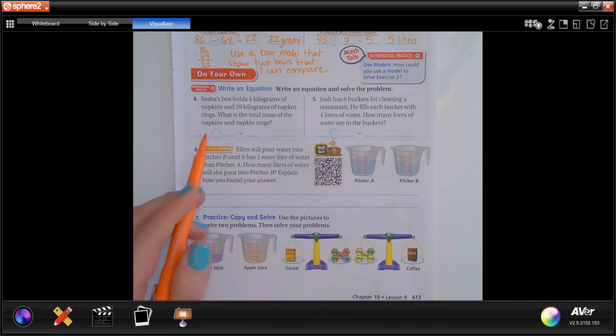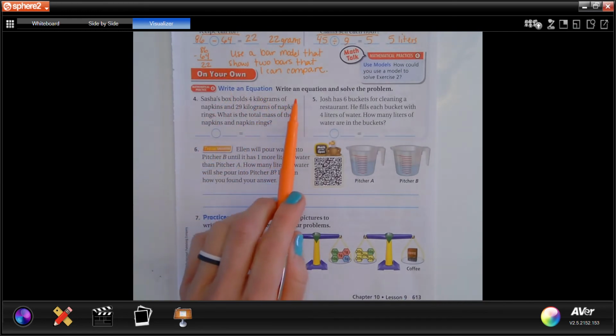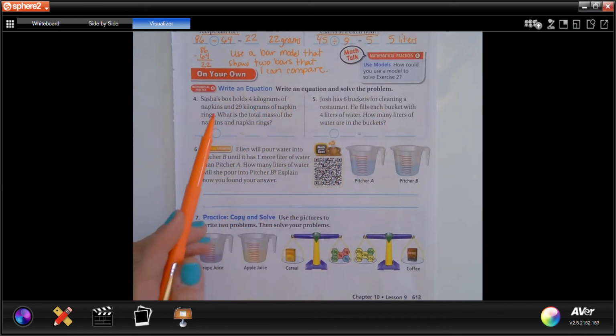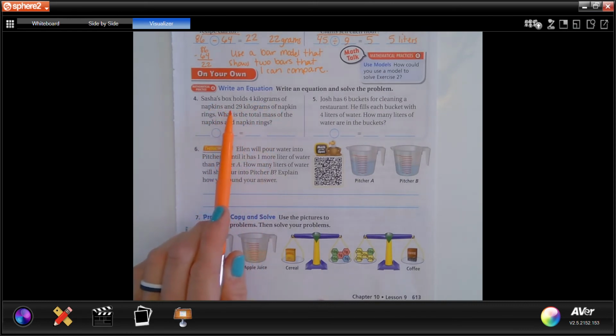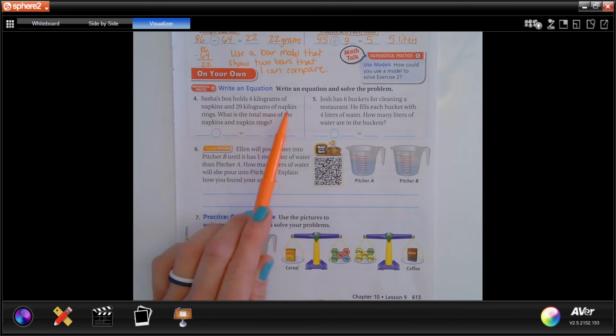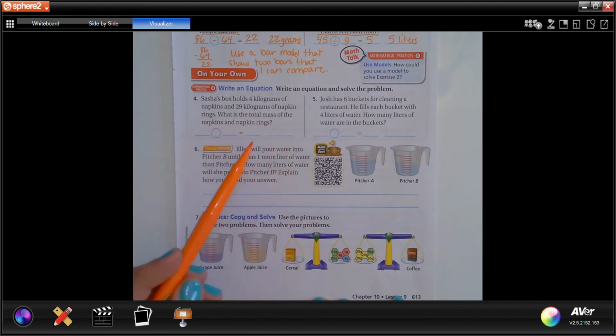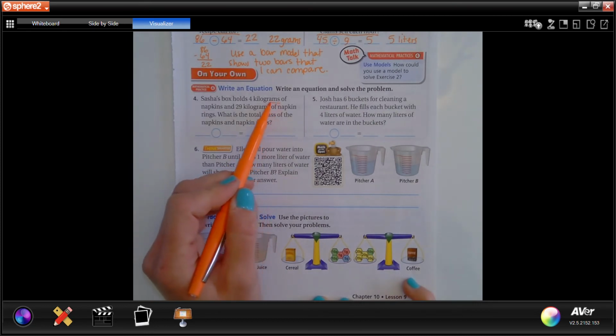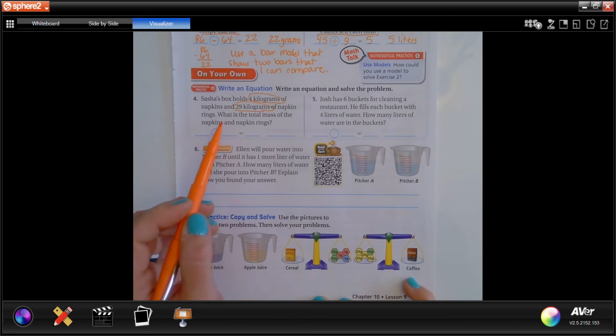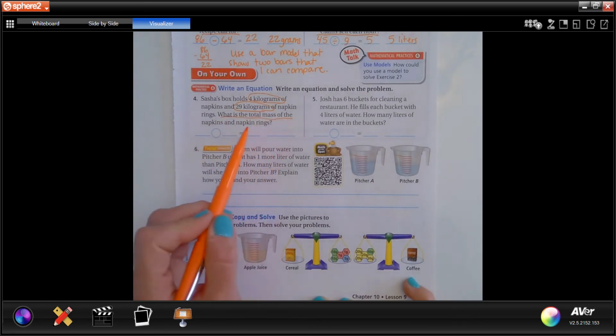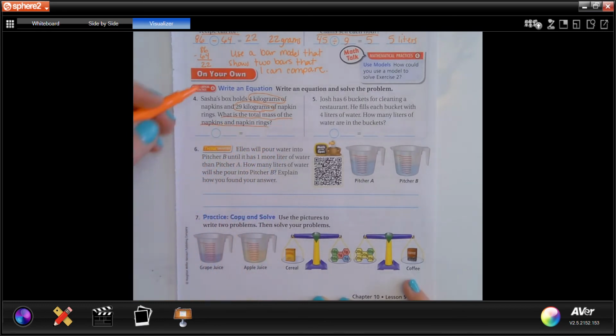On your own, write an equation and solve the problem. Sasha's box holds 4 kilograms of napkins and 29 kilograms of napkin rings. What is the total mass of the napkins and napkin rings? Because we have this and, we're going to add.